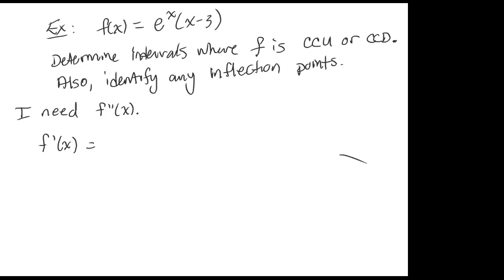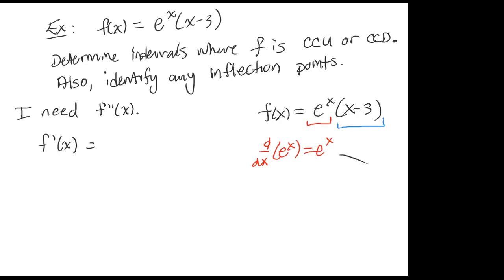I have two functions. I'm going to write this function out here. f prime of x is the derivative of e to the x times x minus 3. I need the product rule to find the derivative of this. I have one function multiplied by another function here. So I need their derivatives. d dx of e to the x is equal to e to the x.